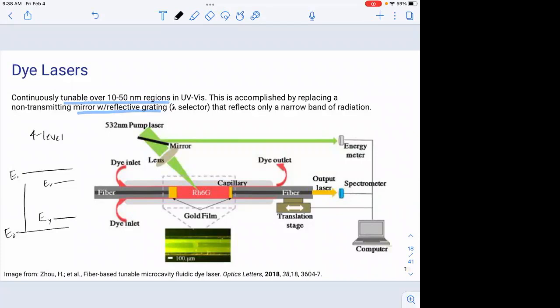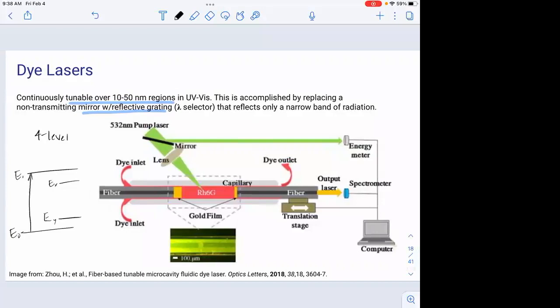You're going to optically pump your dye laser. Then you have that fast non-radiative decay to this metastable state again, right? That's still the same.